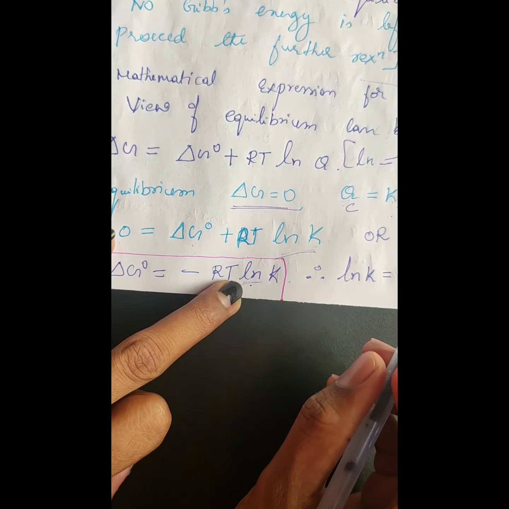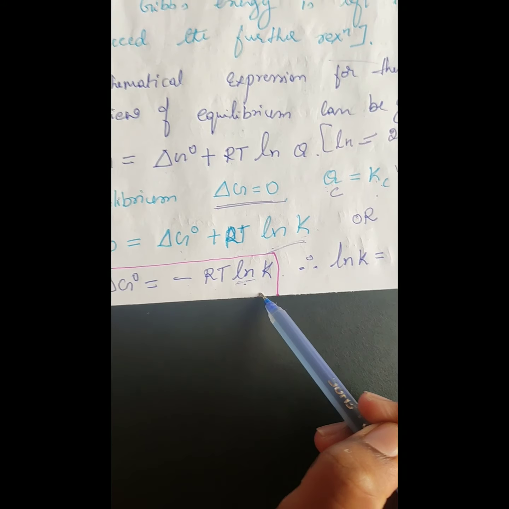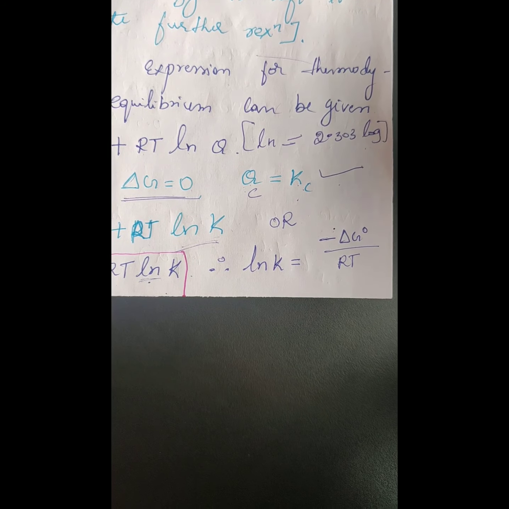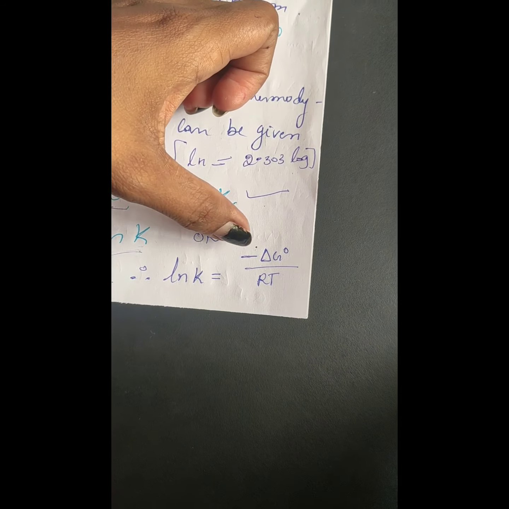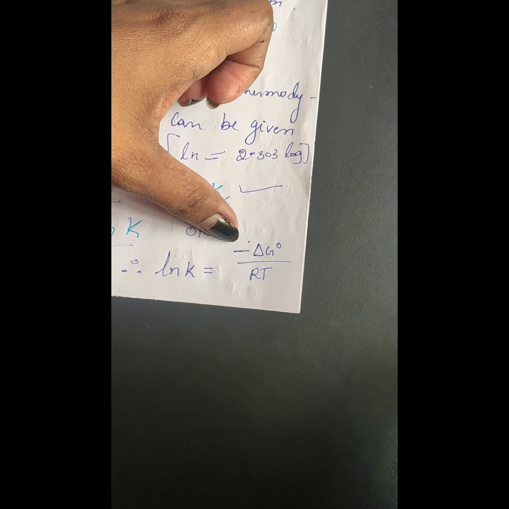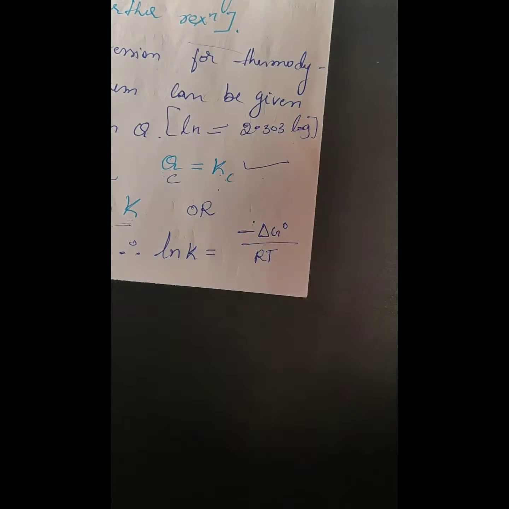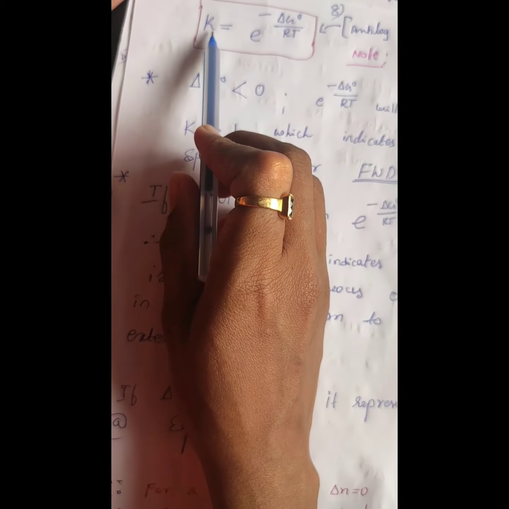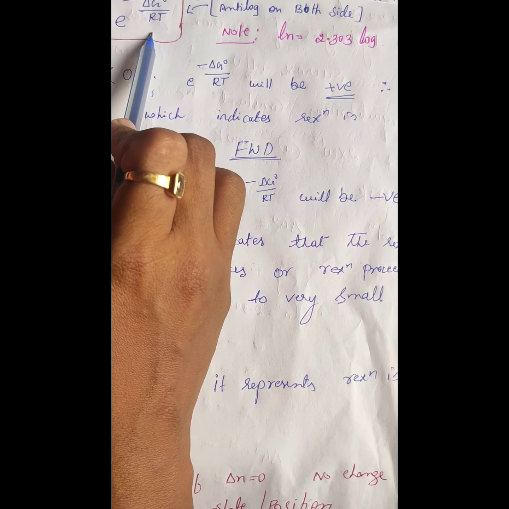This expression is directly used in numericals, or you can rearrange it as ln K equals minus delta G naught by RT, or rearranging you get K equals e to the power minus delta G naught by RT.